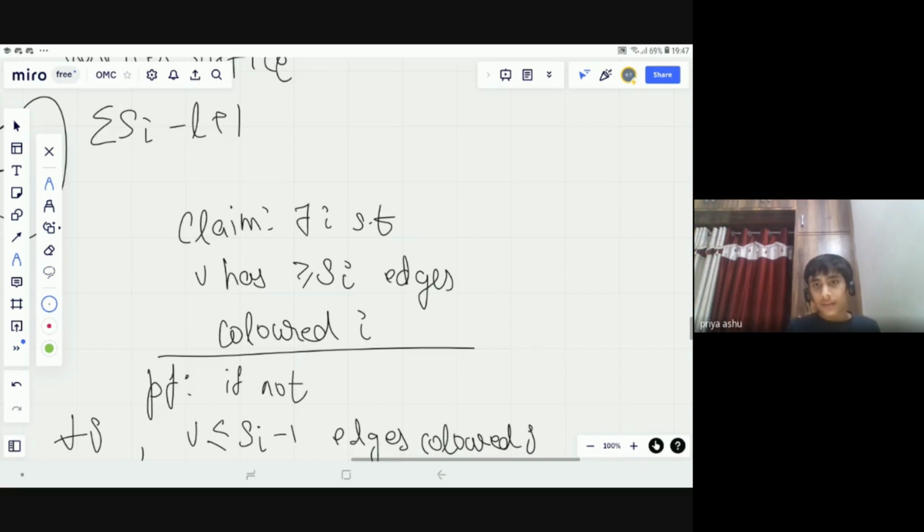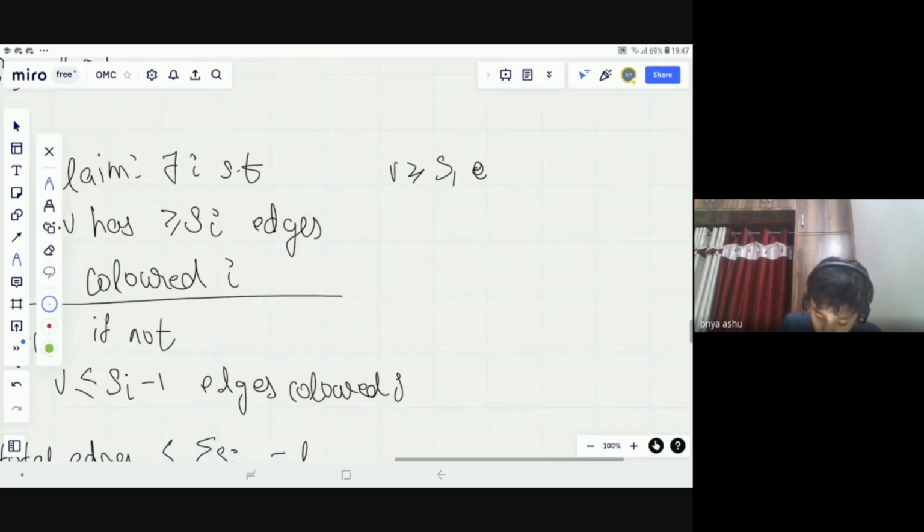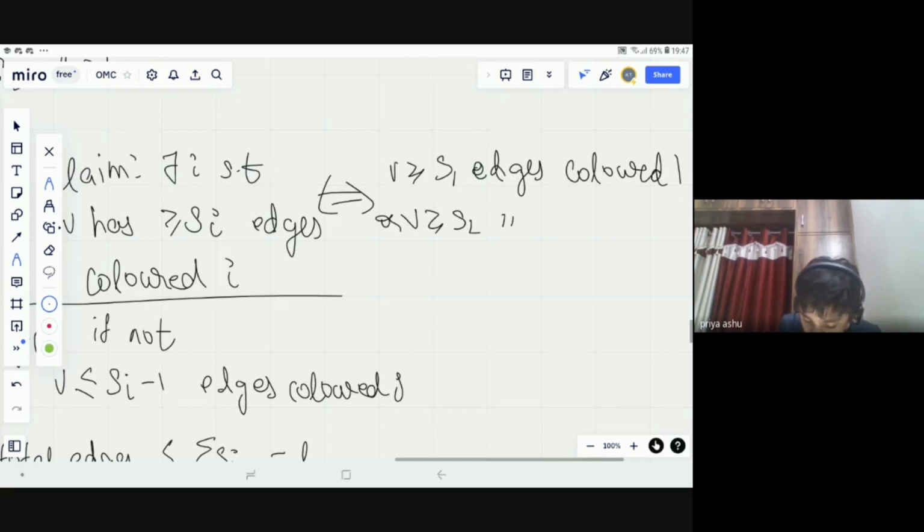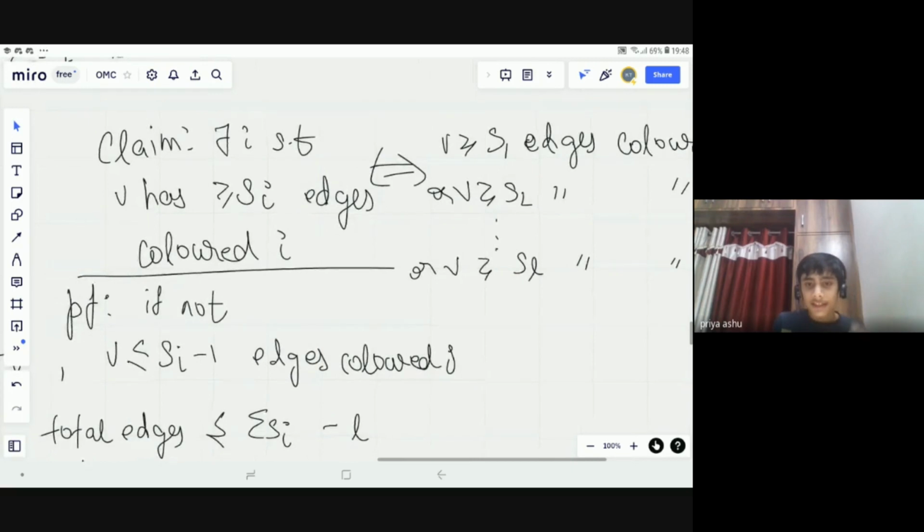So I can write it as V has at least S1 edges colored 1, or V has at least S2 edges colored 2, and so on till V has at least SL edges colored L. Is the statement of the claim clear?